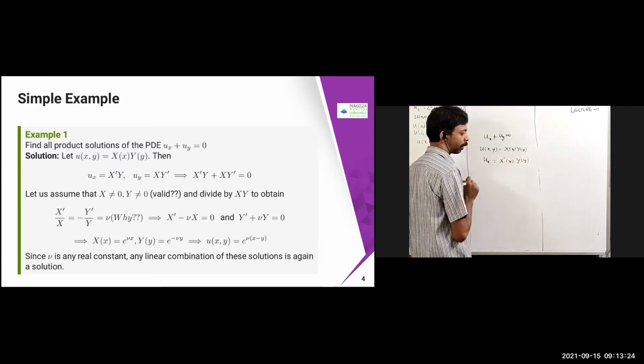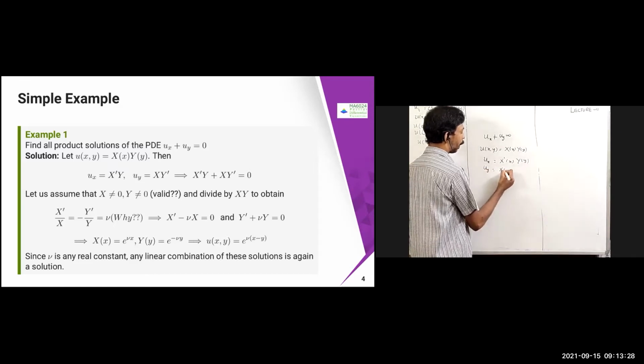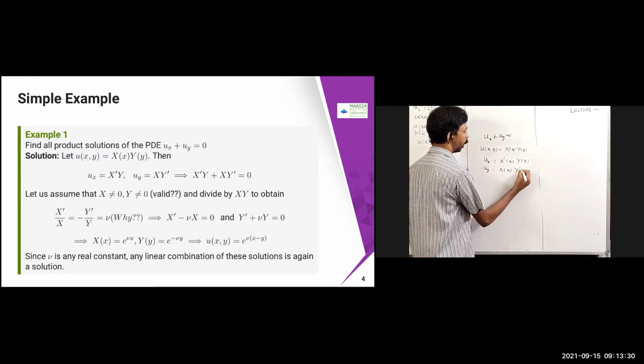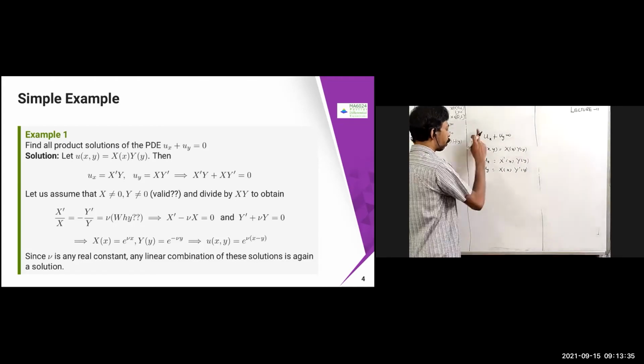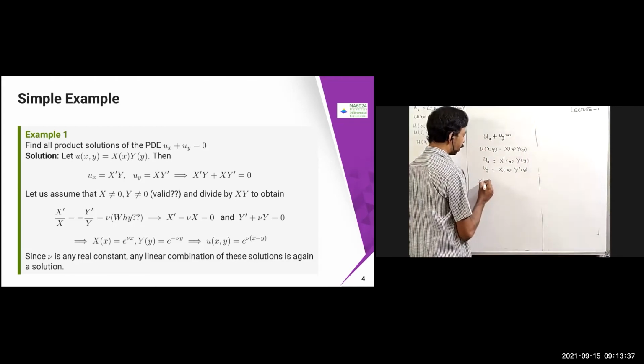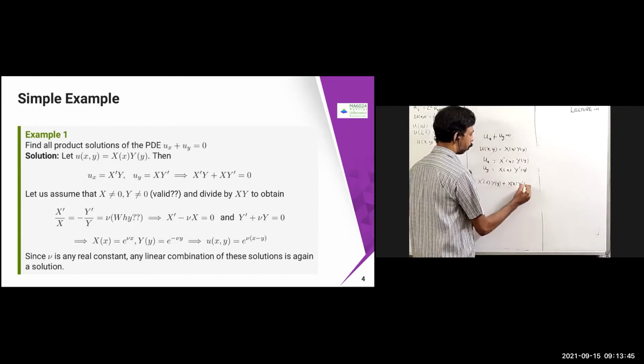Similarly, u_y equal to X of x into Y dash of y. So if I substitute over here, this is going to become X dash of x into Y of y, plus X of x into Y dash of y equal to 0.